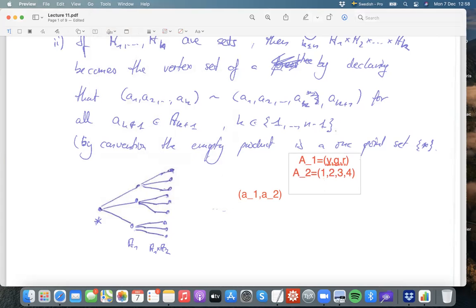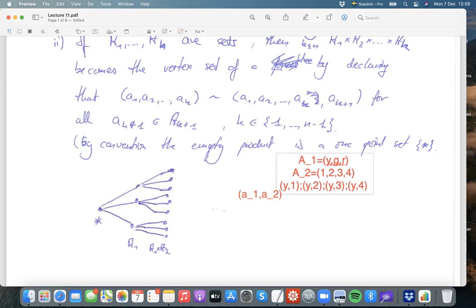So we'll have vertices, for example, yellow, green, red. And the vertices here would be of the form yellow and 1, yellow and 2, yellow and 3, yellow and 4.